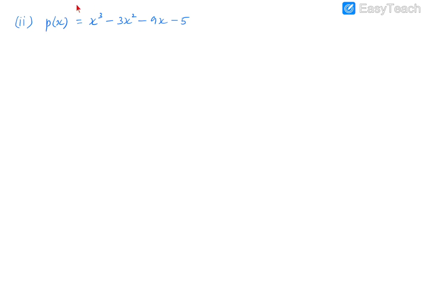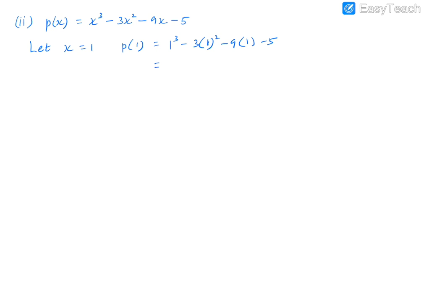So the second question from the exercise is p of x equals x cubed minus 3x squared minus 9x minus 5. So let us try to find the zero of the polynomial by trial. Let x equal 1. In this case we will find p of 1, and that will be 1 cubed minus 3 into 1 square minus 9 into 1 minus 5.